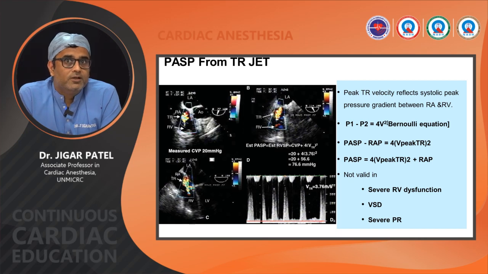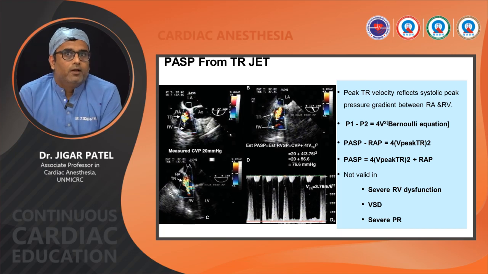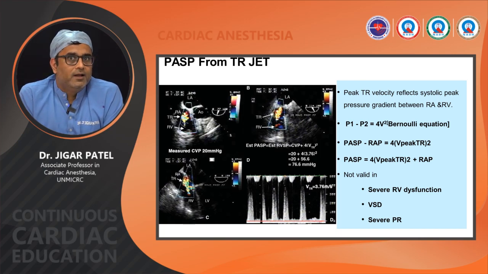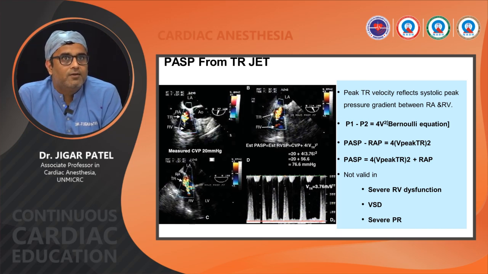As you apply the Bernoulli equation, the pressure gradient between RV and RA is equal to 4V squared, so 4 times the highest velocity squared. When you apply this equation, you get RVSP, or pulmonary artery systolic pressure, equal to 4 times the peak TR velocity squared plus RA pressure. You can measure RA pressure or CVP with hemodynamic data, and by applying this equation you get RVSP.